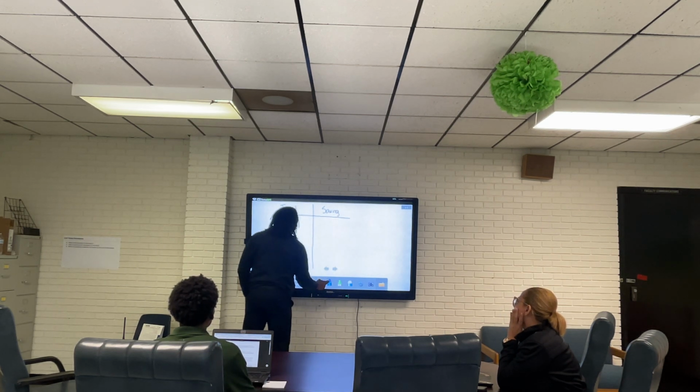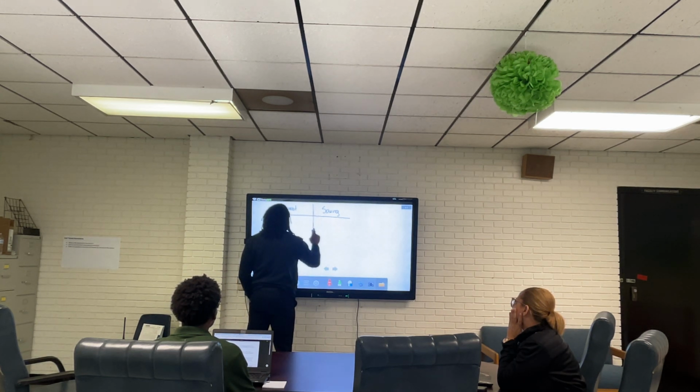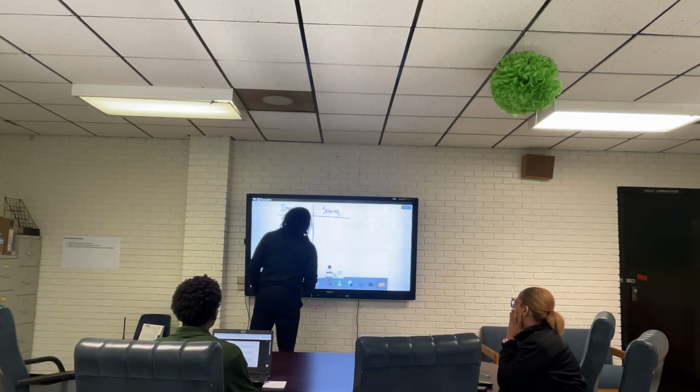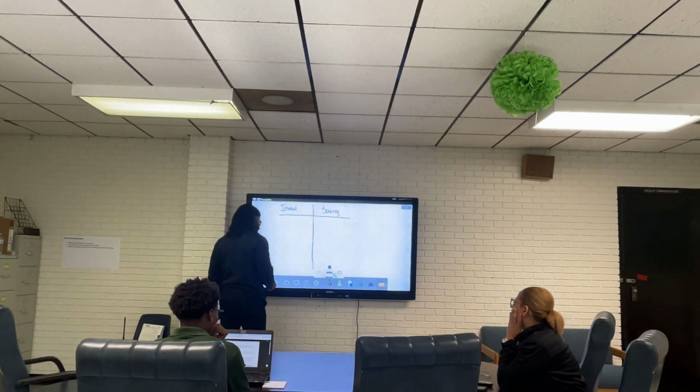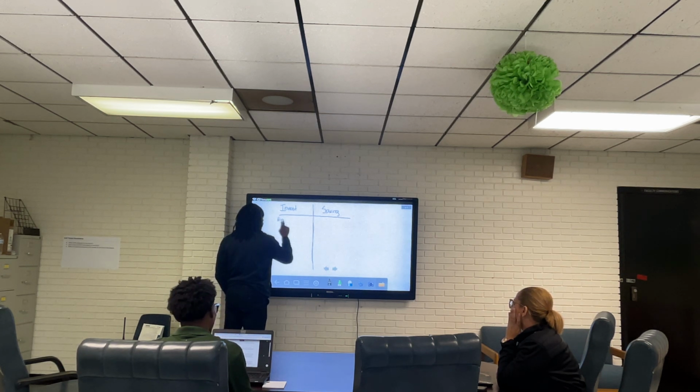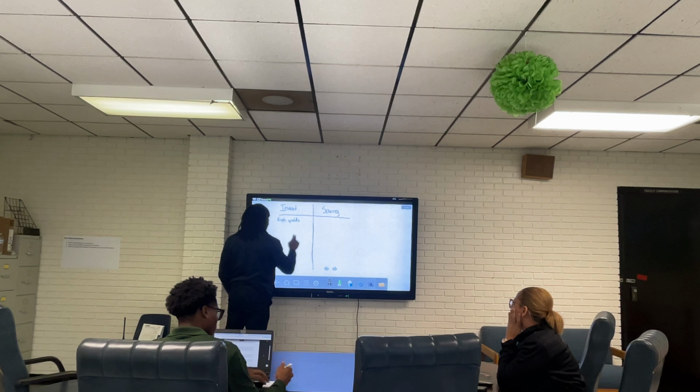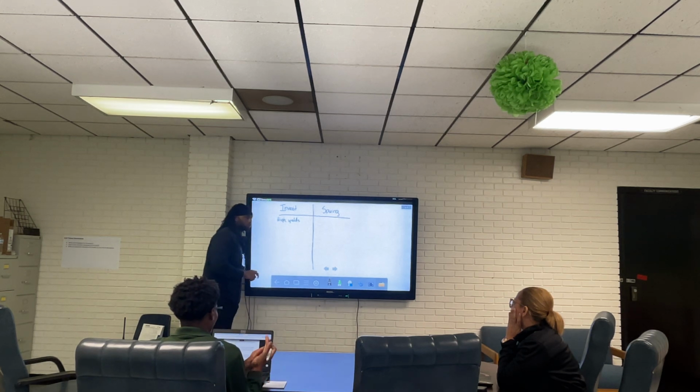What's unique about investments? With investment, you usually get higher yields on your investment. Very good. Anything else specific or special to investments?